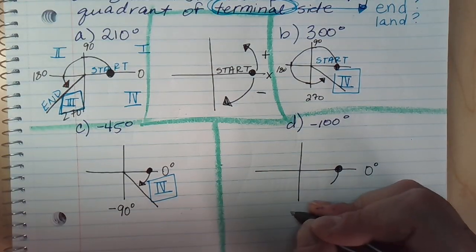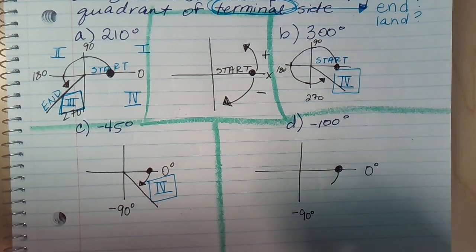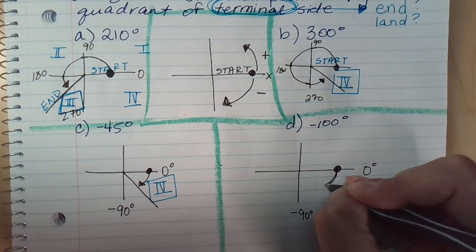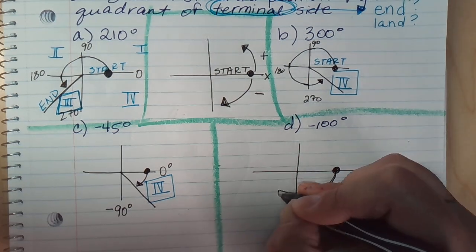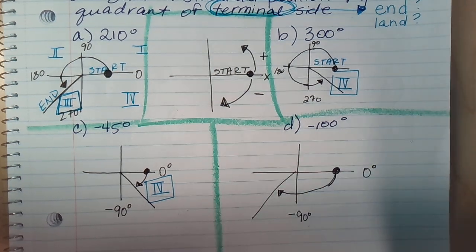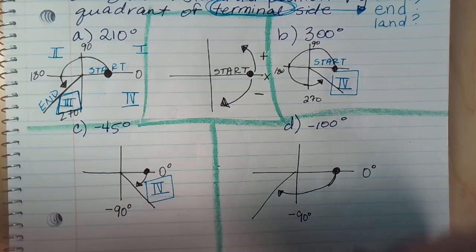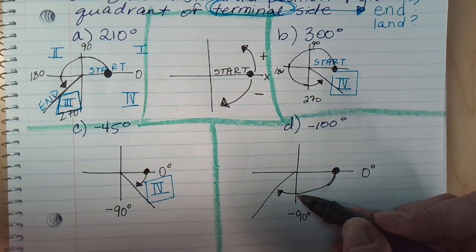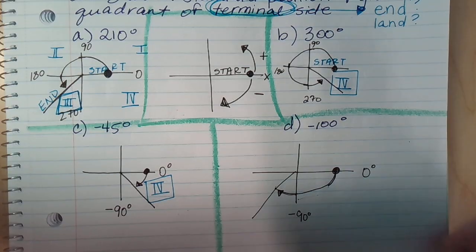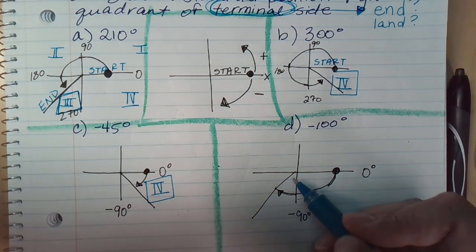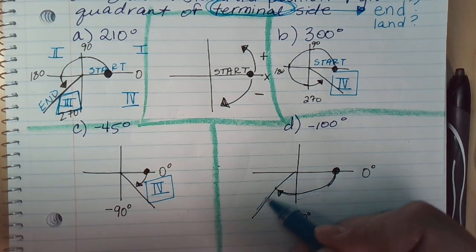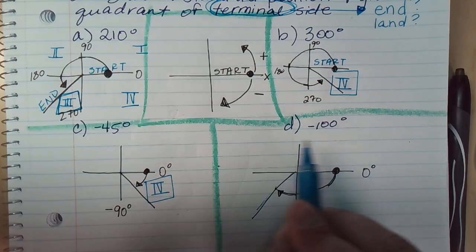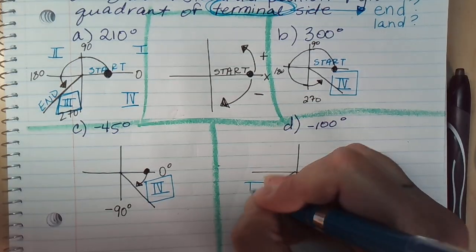If I go straight down, that's just to negative 90. And then a little bit more is 100. Okay, so I went down and around to negative 90, then I went a little bit more. Okay, and it says, what quadrant is this terminal side in? Well, quadrant 1, 2, 3. 3 is 3 eyes.